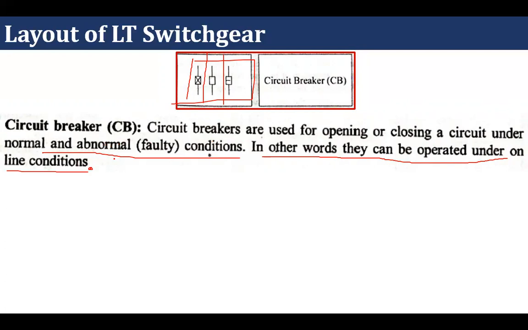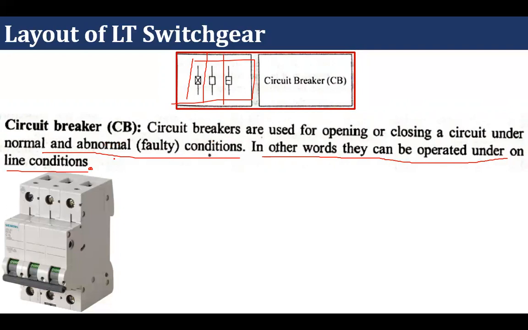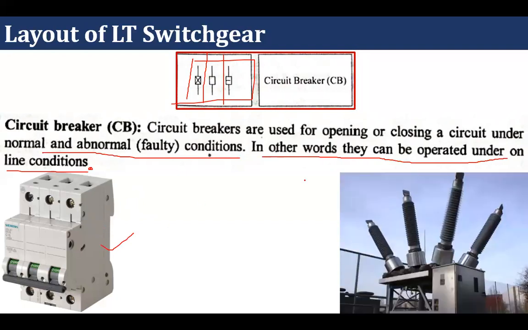These circuit breakers work at online condition. This is the example of circuit breaker. It is miniature circuit breaker MCB, and these type of big circuit breakers are used in substations. There are varieties of circuit breakers.